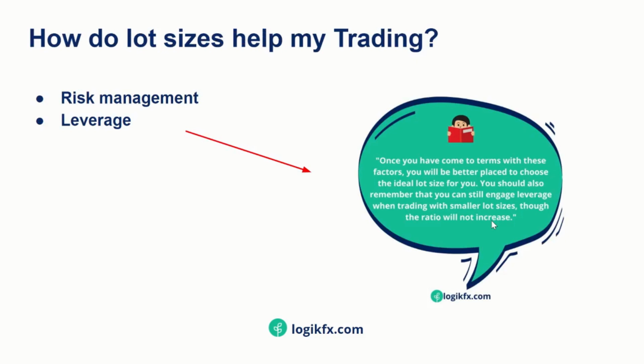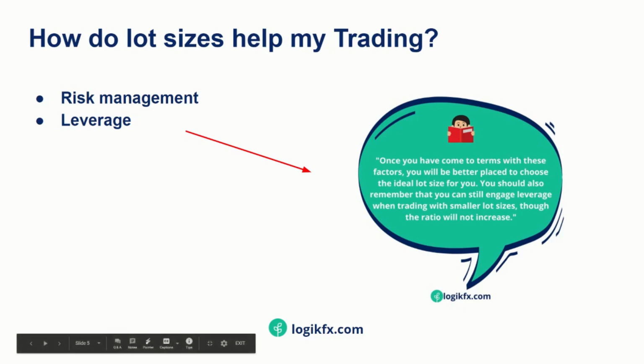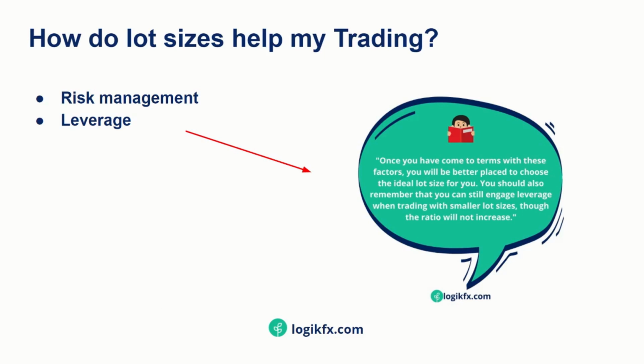Now, how do they help your trading? Well, to understand this, you need to take into account 2 factors: your risk management and your leverage. Your risk management is going to be looking at how many currency units you actually want to use, whether you use maybe 100,000 or 1,000, what kind of lots you're using: 0.1, micro lots, mini lots, whatever one you want to use.